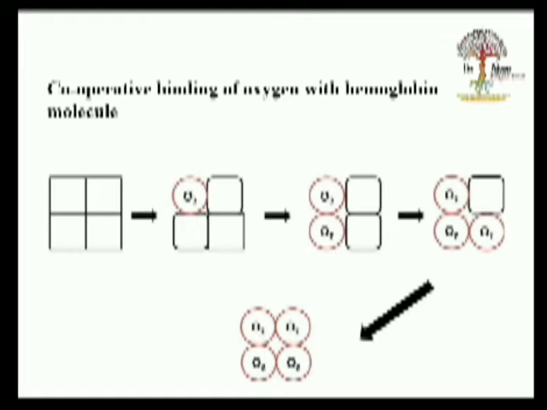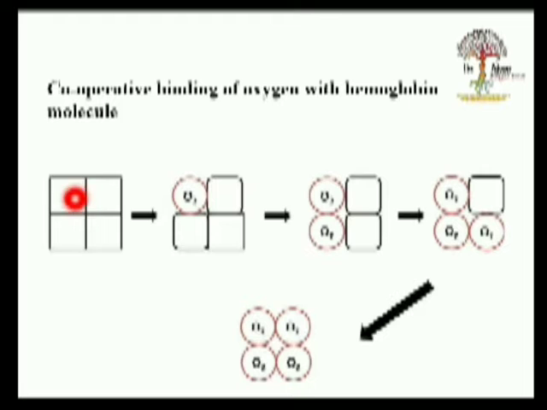As I said, four oxygen molecules can bind with hemoglobin, but they do not bind all together. Rather, they bind with the hemoglobin one after another. This mechanism is known as the cooperative binding of oxygen with the hemoglobin molecule. In this mechanism, one oxygen molecule facilitates another oxygen molecule in binding with the hemoglobin molecule.